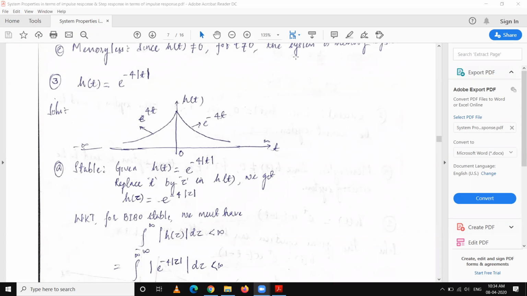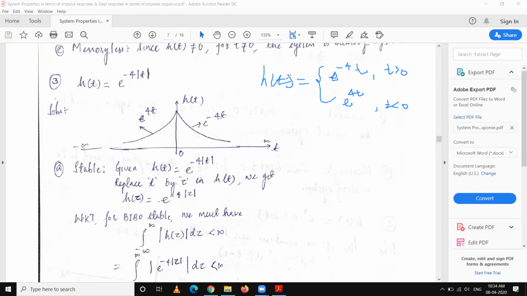If I take h of t, I will write it like this: e raised to minus 4 into t, that is the positive value, for t greater than 0, and e raised to 4t when t is less than 0.